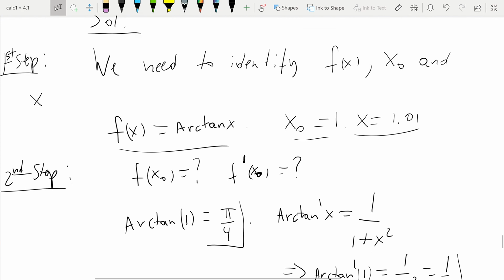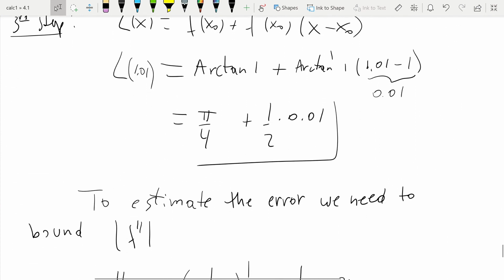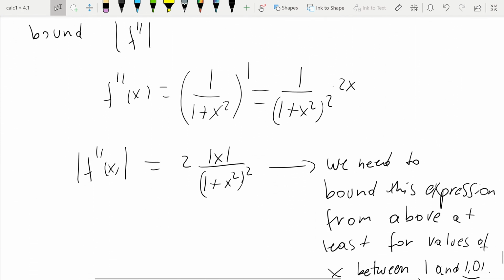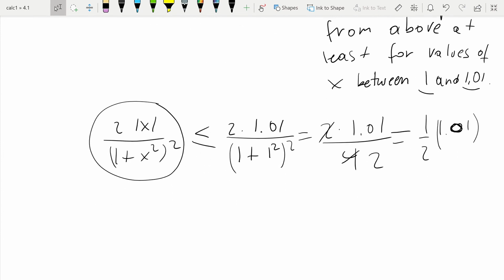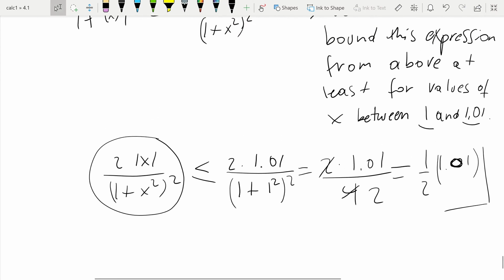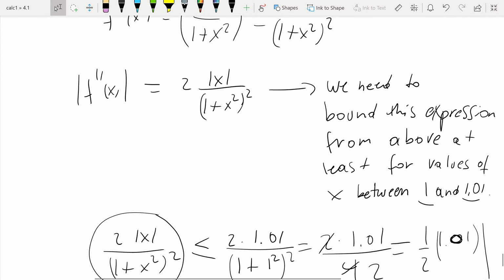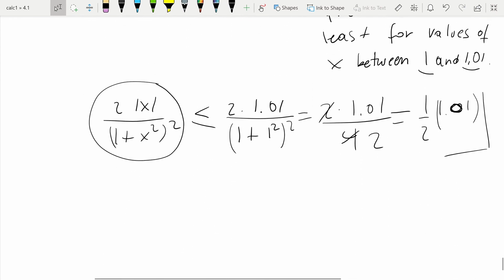Estimating the error used to be more of a standard question in the exam, not so much anymore, but since it could be there in some form, I'm giving you the most complicated thing that you can possibly see in the exam. But okay, so this is a bound for the error.